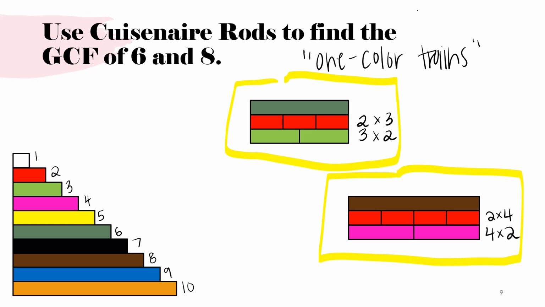If they do, what's the largest color that matched? All right, so in this case, they both were able to be made up by these red rods, and so we can say that the greatest common factor of 6 and 8 must be that red rod, which is 2.